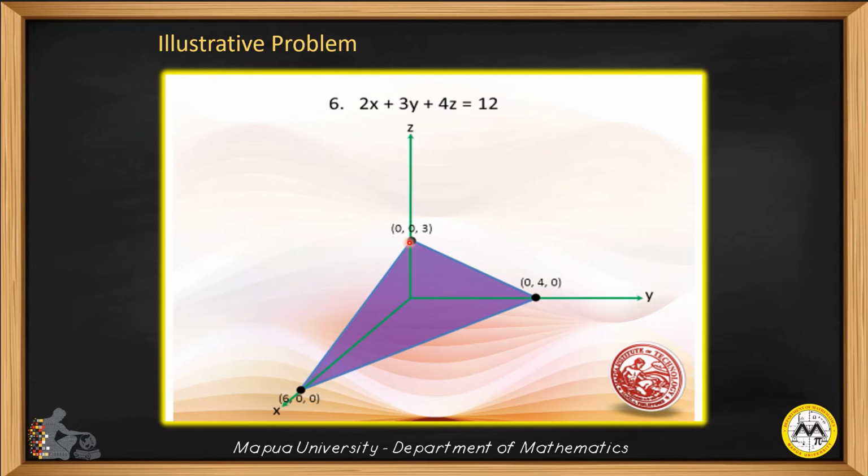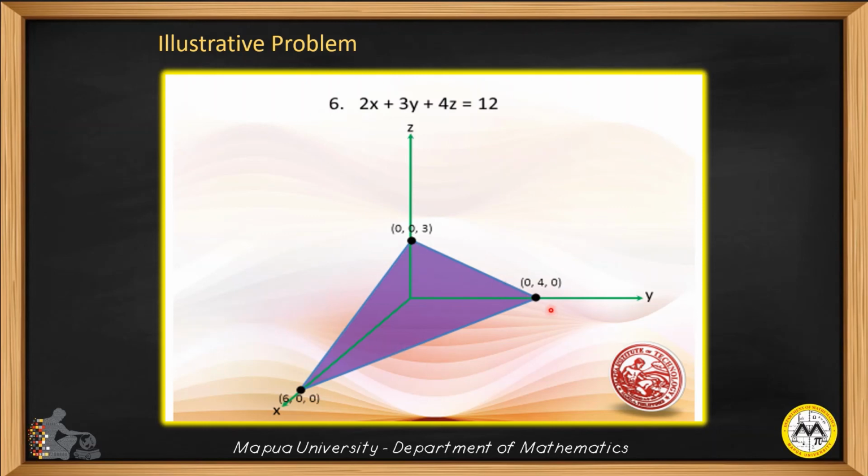So what we do is we connect any two of these intercepts. We connect the x and the z-intercept, resulting in this line. Now this line, which is on the xz plane, is referred to as the xz trace of the plane.